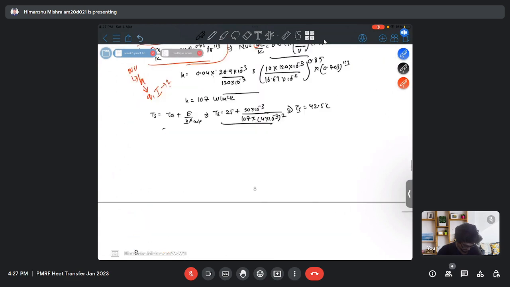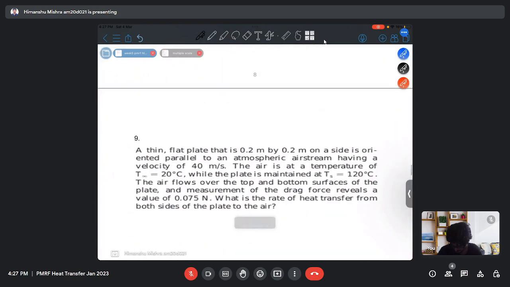So let's move to the next question. In this question we will be using the Chilton-Colburn analogy, which defines the relation between the skin drag coefficient and other non-dimensional numbers like the Prandtl number or Stanton and Reynolds number and so on.